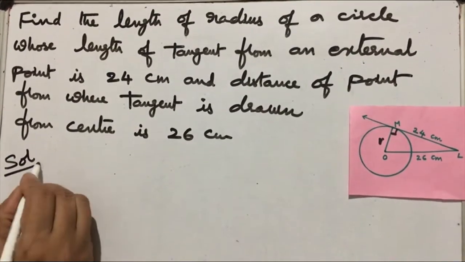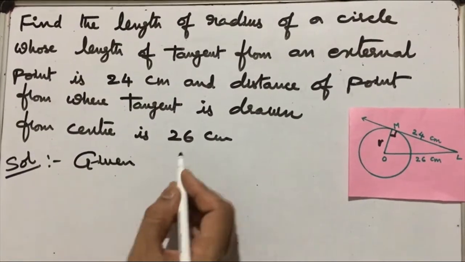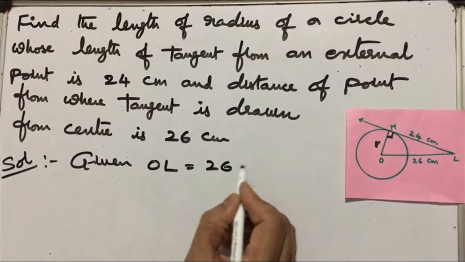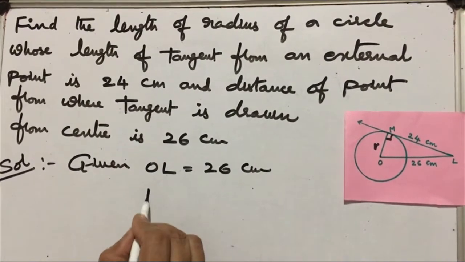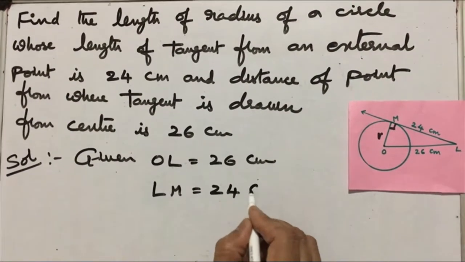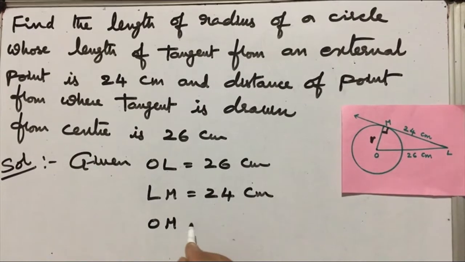Coming to the solution, first write what is given. Given OL is equal to 26 centimeters, LM is equal to 24 centimeters, and OM we have to find out.